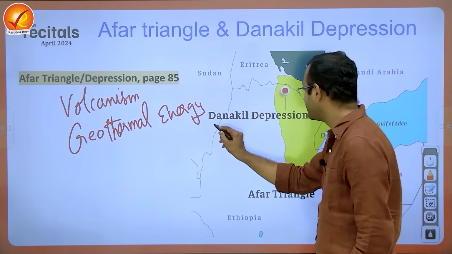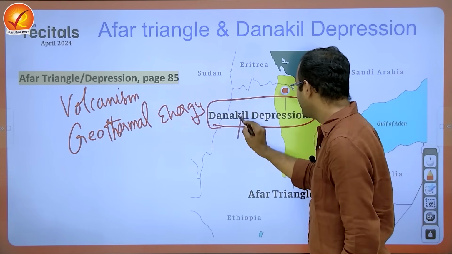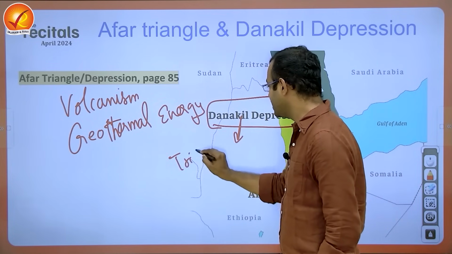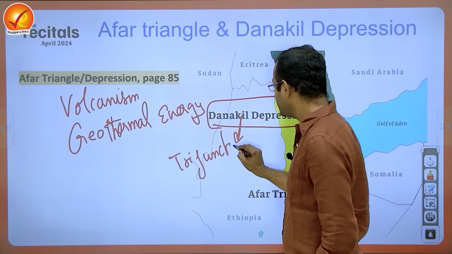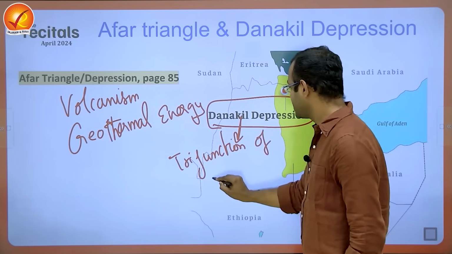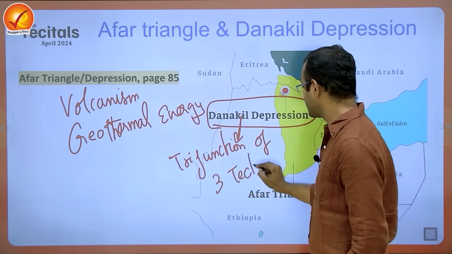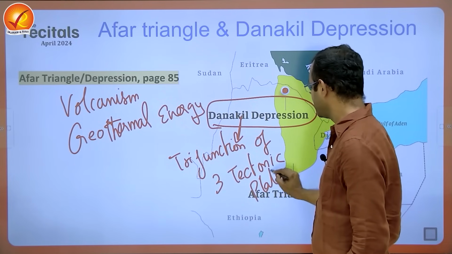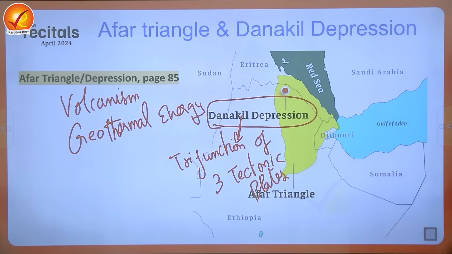The second one, within the Afar triangle, we do have the Danakil depression. The Danakil depression is present in the trijunction of 3 tectonic plates.